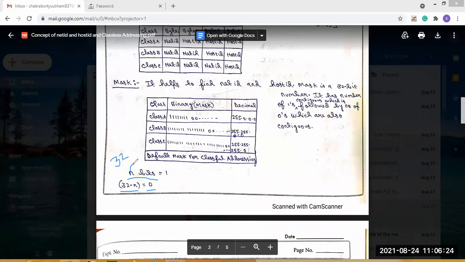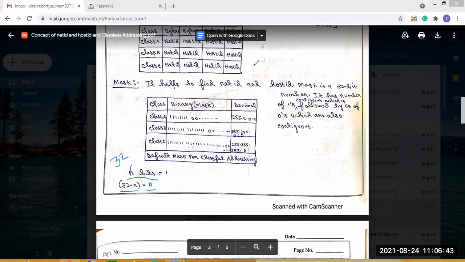So how will we find n? What is the value of n? For class A, the n value will be 8. How do we find that the n value is 8?